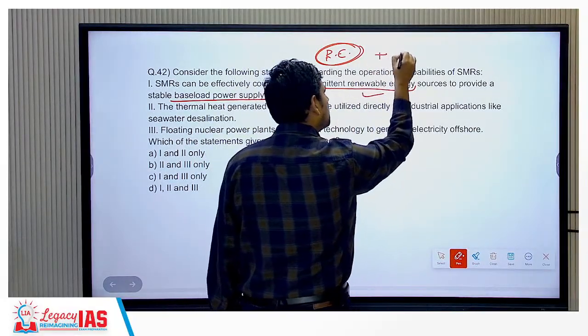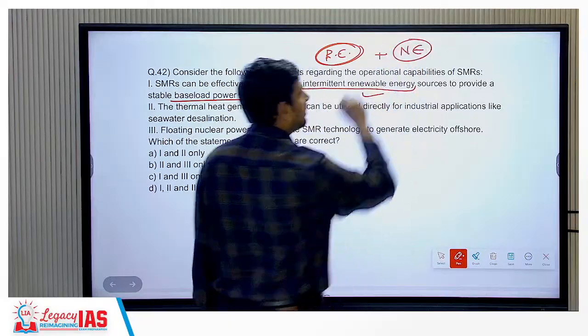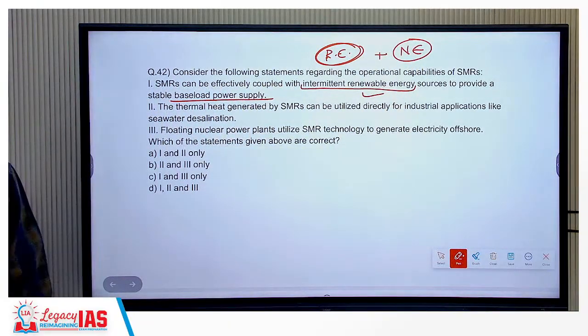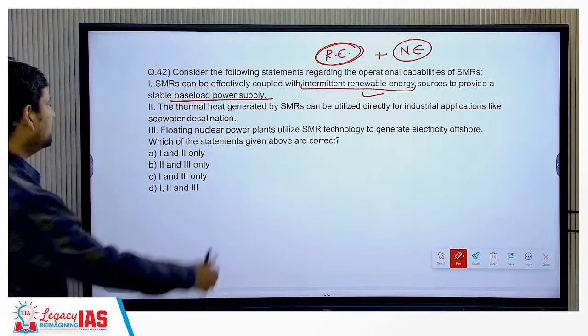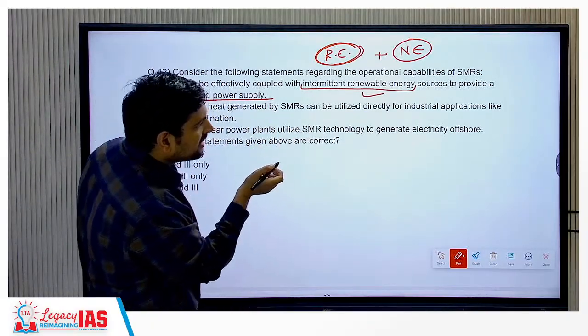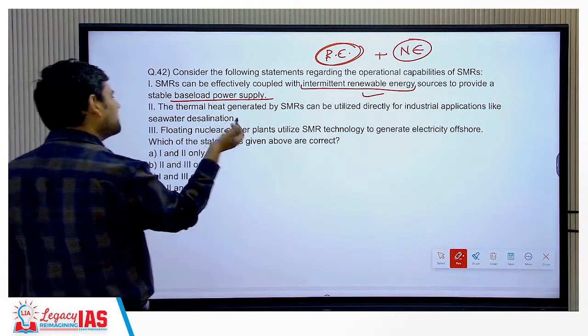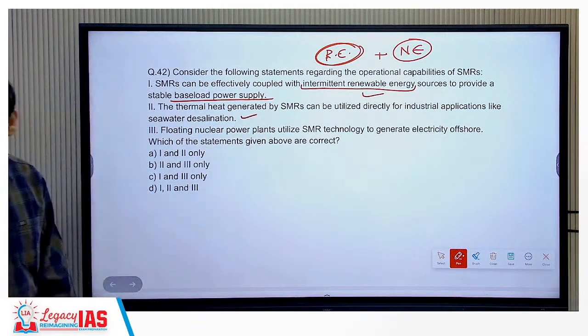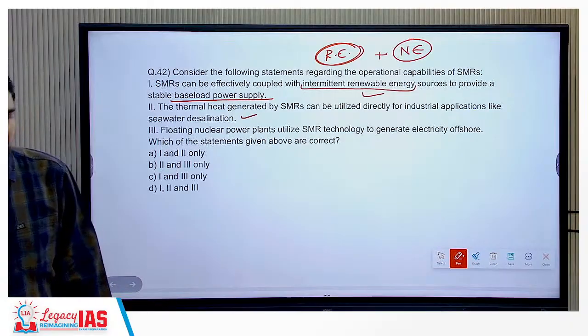So for that we should shift to nuclear energy. This combination can replace thermal, crude oil and all this. Just renewable energy cannot. Then the thermal heat generated by SMRs can be utilized for industrial applications like seawater desalination. Correct. Ultimately, this is just energy, it can be used in many different ways.